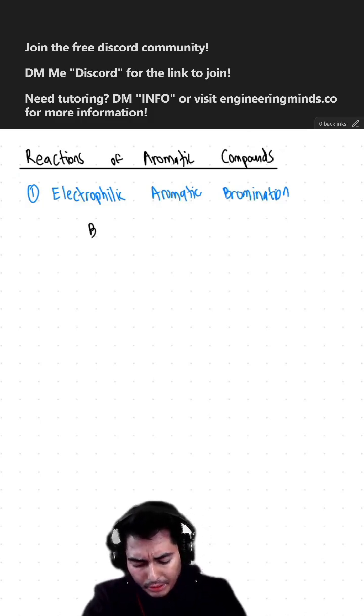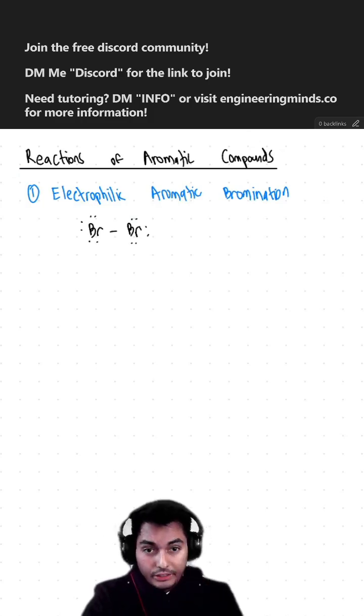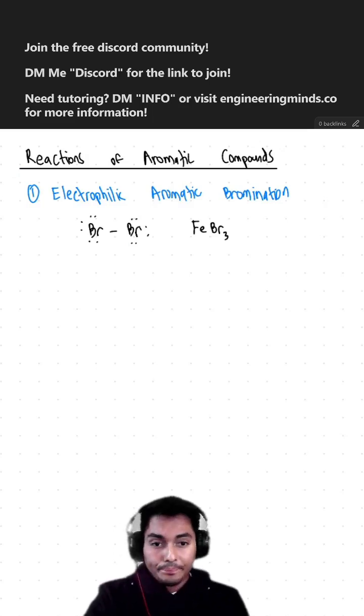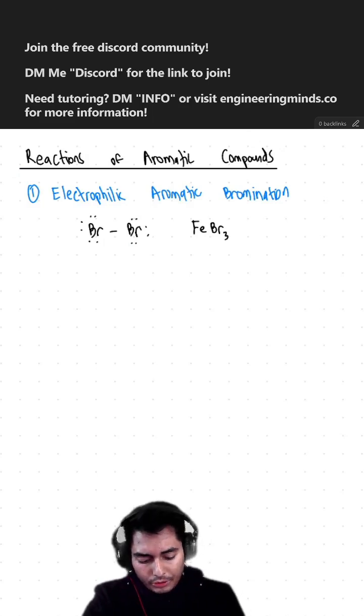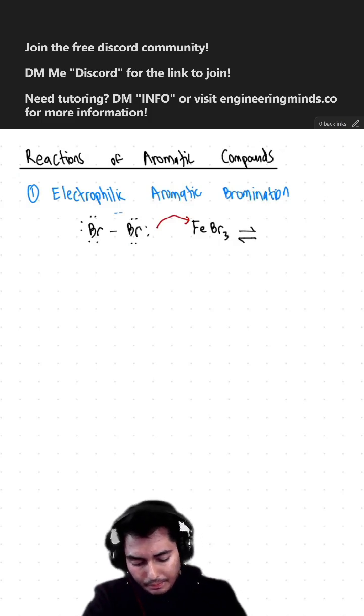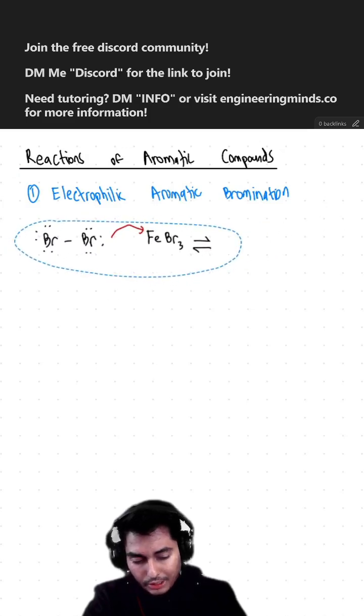We're going to have bromine, Br2 in the gas state, and we're going to react it with FeBr3. So we're going to effectively attack this Fe and create a sort of complex. A complex is just simply like they're attached to each other. That's all a complex is.